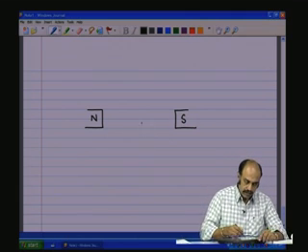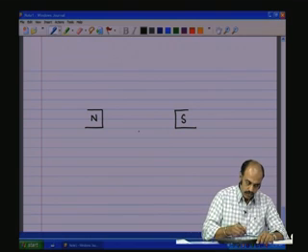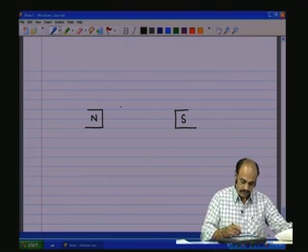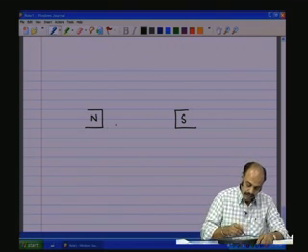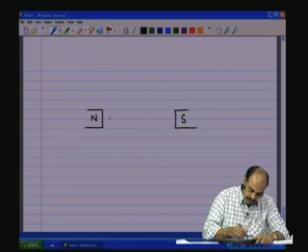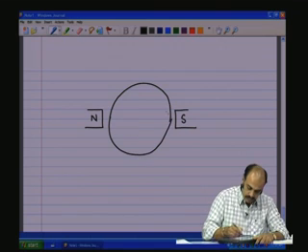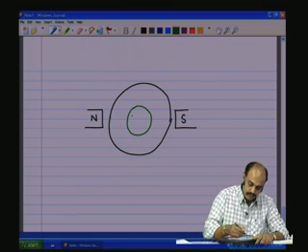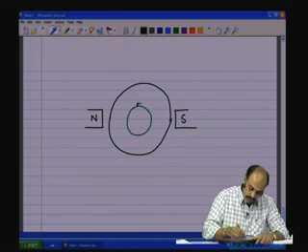So, what is done is that you have a machine here, with a north south pole pair, which are the permanent magnets, and we have the armature, and then we have the commutator, and on the commutator we have the brushes.